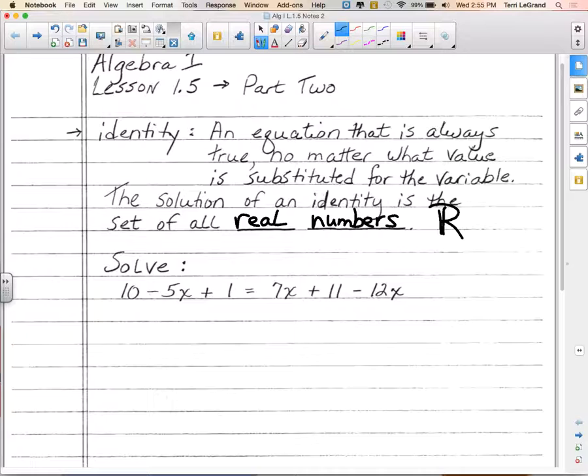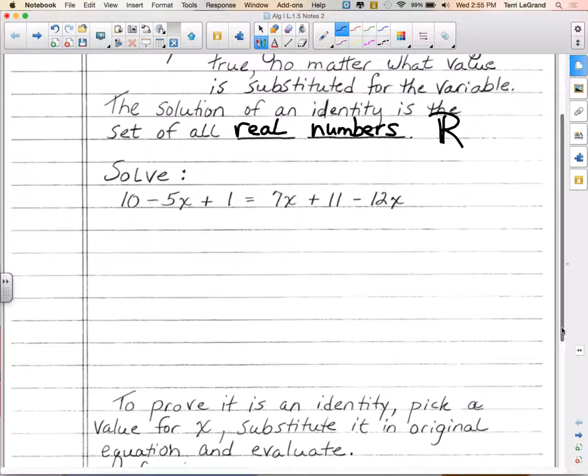So when we're solving our equations, sometimes that might be the case. Let's solve 10 minus 5x plus 1 equals 7x plus 11 minus 12x. This should look like something you had from yesterday. Okay? Should we just dive right in and solve this one? No, we should do some simplifying first, shouldn't we?